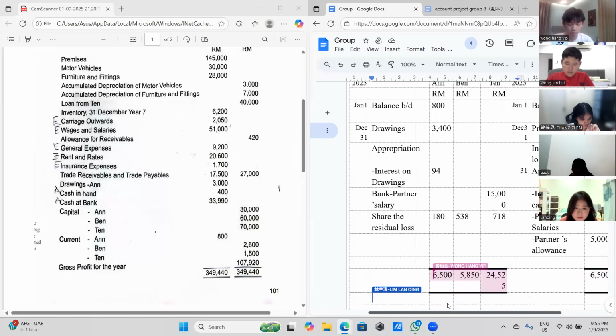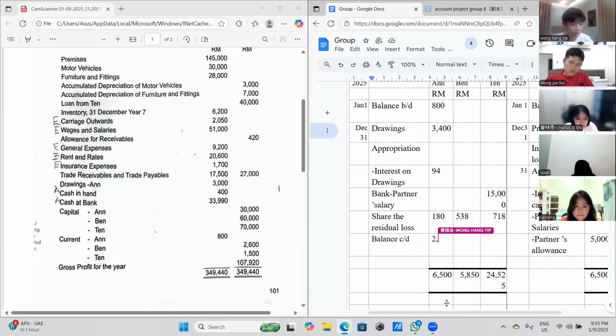So you need to minus all, then you get the balance CD, and the amount is 2,026. The next one is 5,312, and the last one is 8,801.